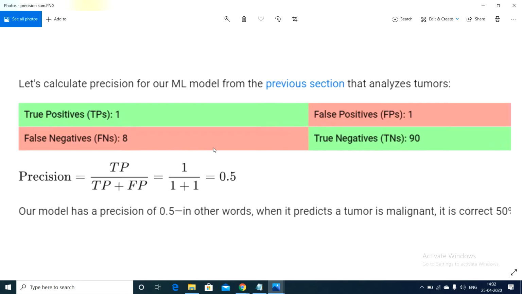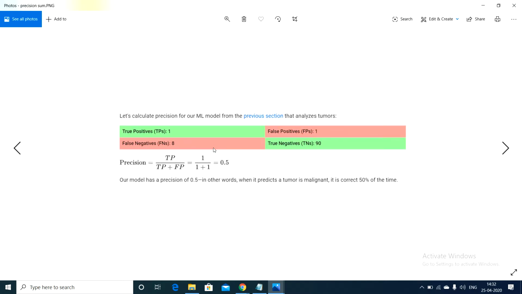We know the formula. What is the formula for precision? Precision is equal to TP by TP plus FP. Here TP, the number of true positive cases, is 1. So 1 by TP plus FP: 1 plus the number of false positive cases, which is 1.